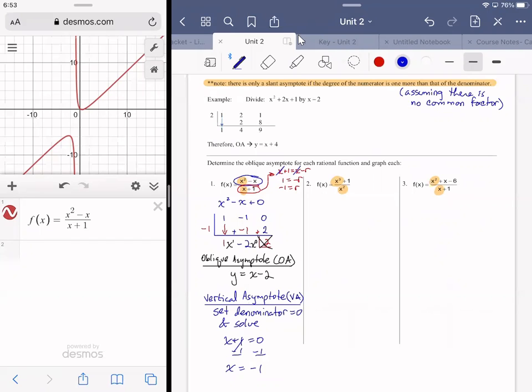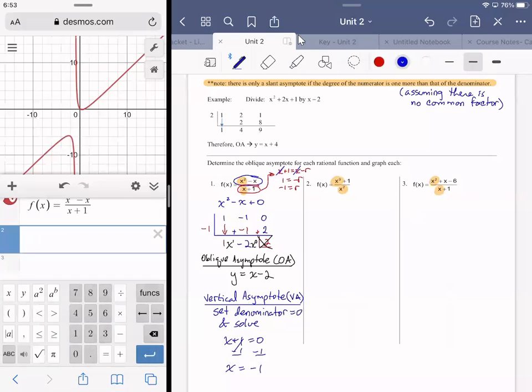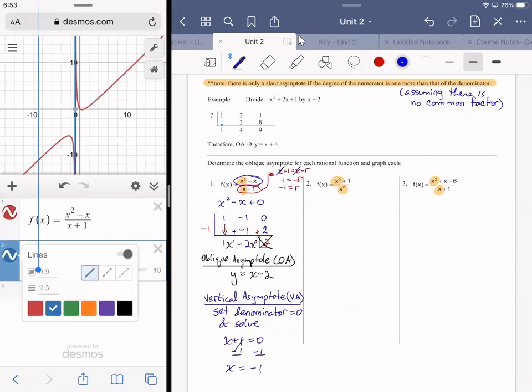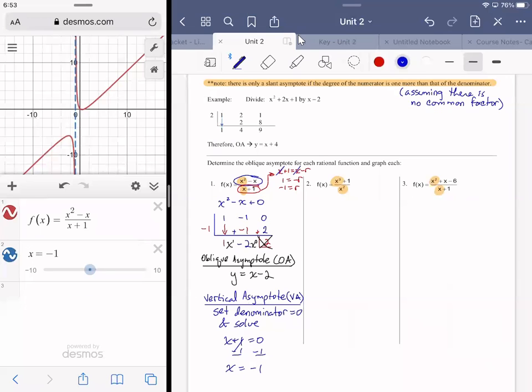But let me just graph these for you real quick. So the vertical asymptote would be x equals -1. Make it dashed. All right. So that looks like it could be a vertical asymptote, a line that the curve is approaching.